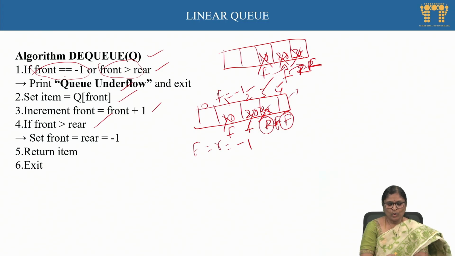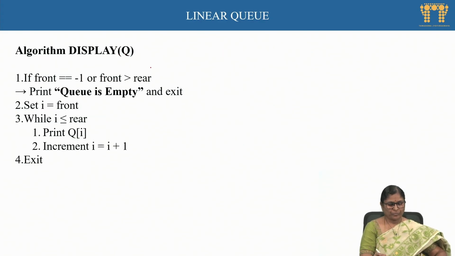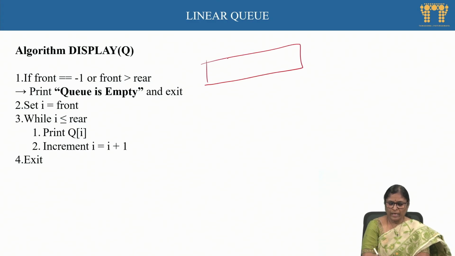So keep it in mind, you have two conditions, either front equal to minus 1 or else front greater than rear for the underflow. Now display. I want to display the content of the linear queue.